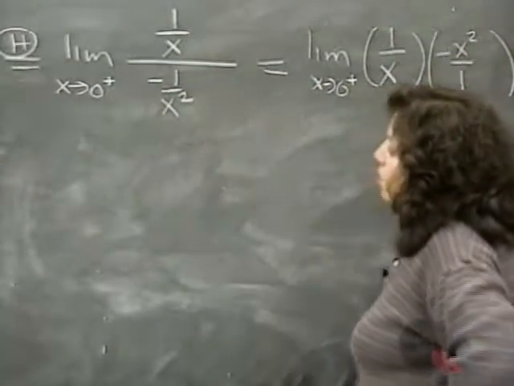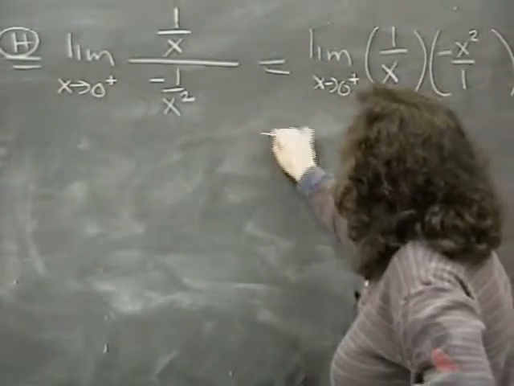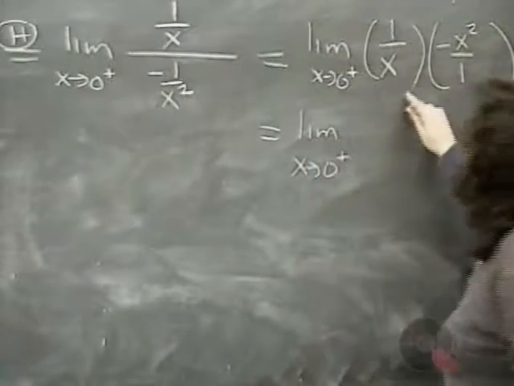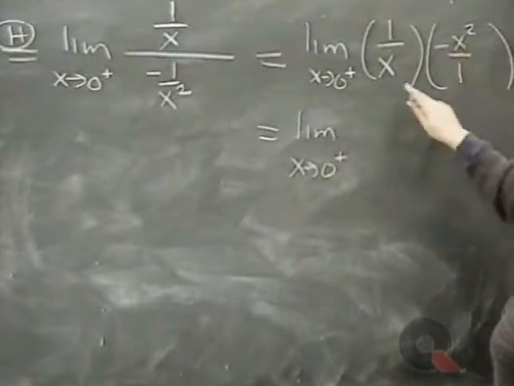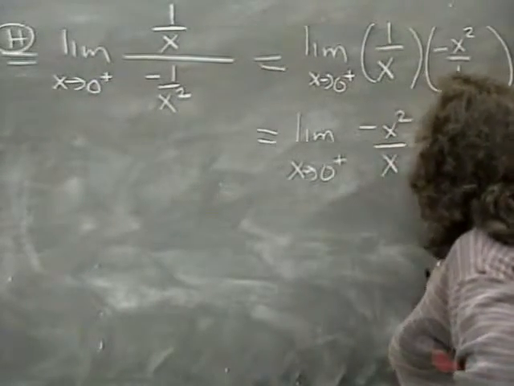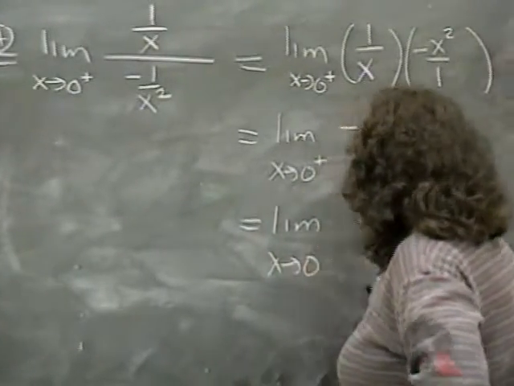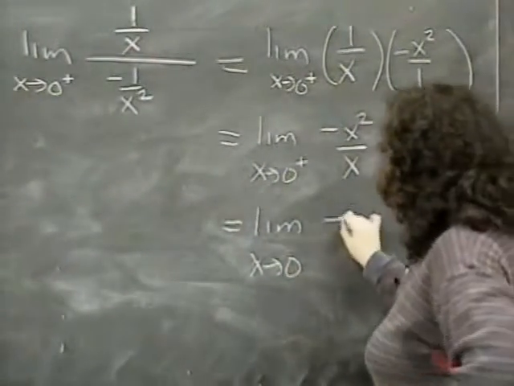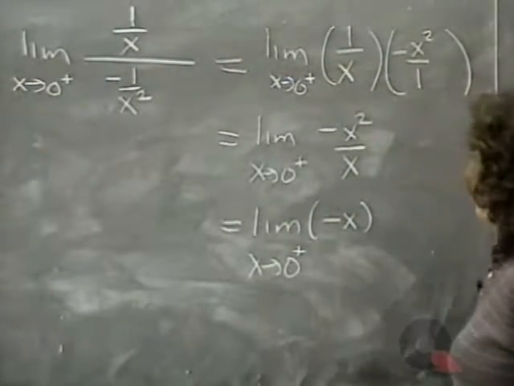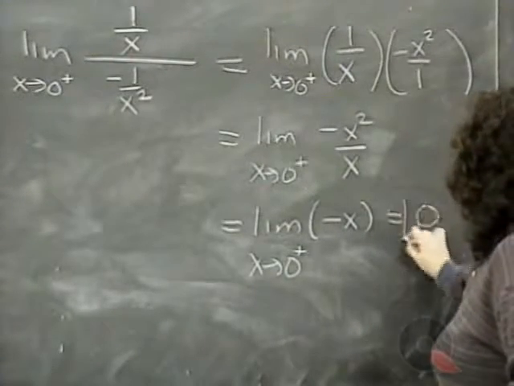Then you can divide numerator and denominator by x. Minus x squared over x is just minus x. And now the limit as x approaches 0 of minus x is minus 0, or 0.